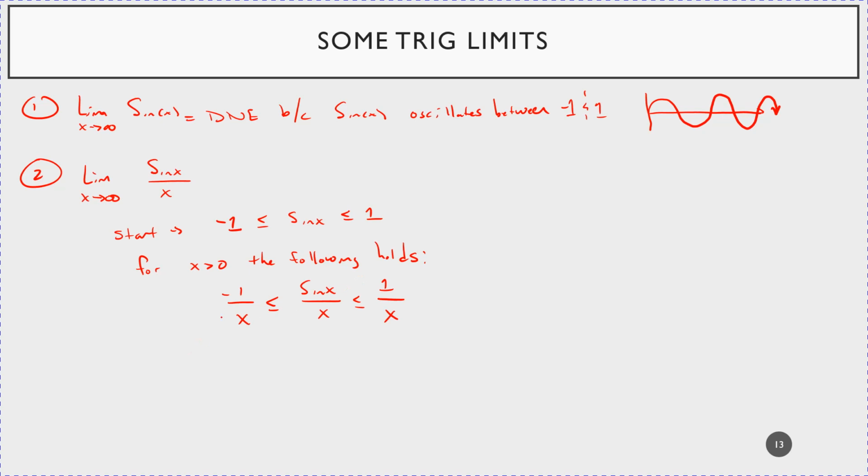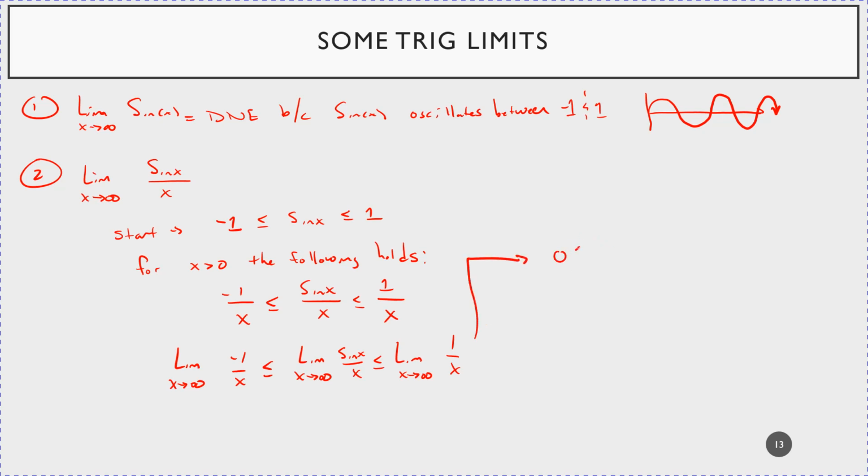So what I'm going to do now is take the limit as x goes to infinity of everything. Well, what's this limit? As x goes to infinity of -1 over x, it's 0. As x goes to infinity of 1 over x, it's 0.